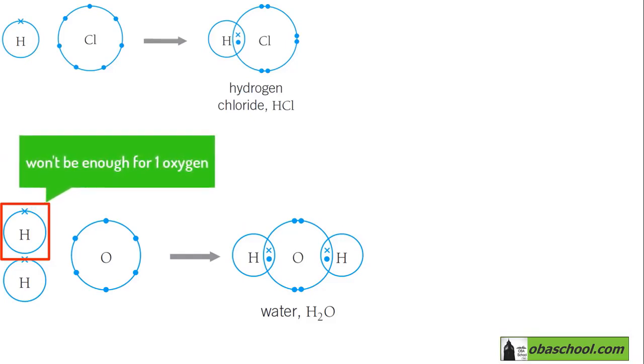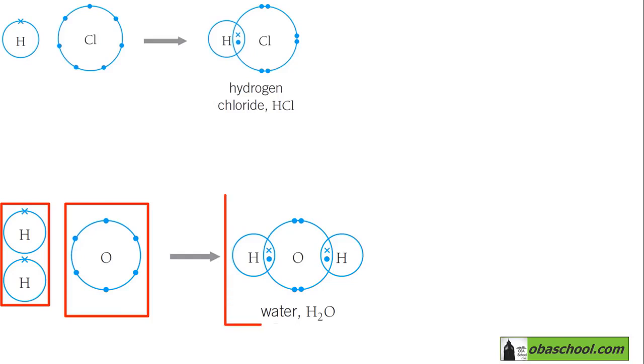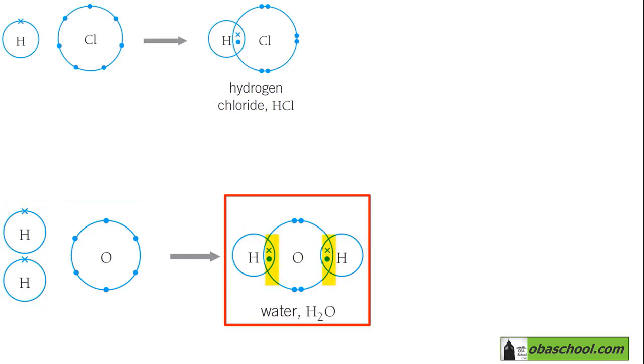That's why we need two hydrogens to react with one oxygen. After we do that, we get the water molecule H2O, which is stable, because each hydrogen shared a pair of electrons with the oxygen.